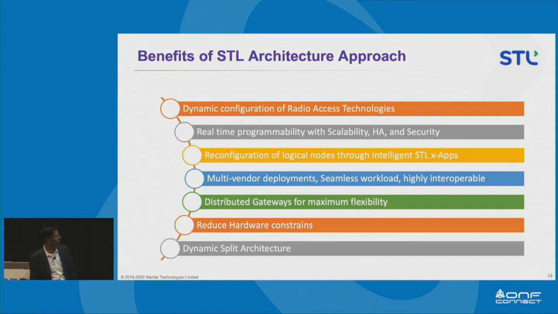We are building a lot of applications which could do the reconfiguration of those logical nodes. When you have a virtualized CU and DU, and you want to scale in, scale out, those things can be done easily here.